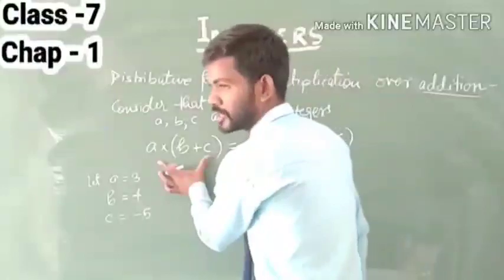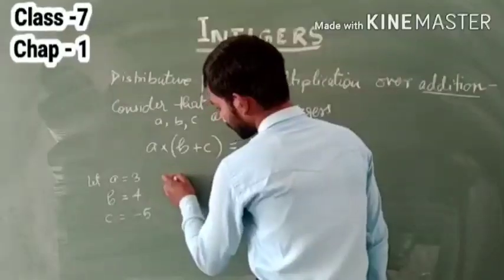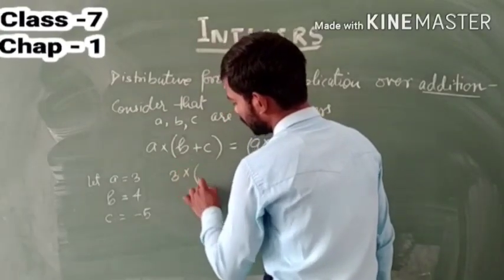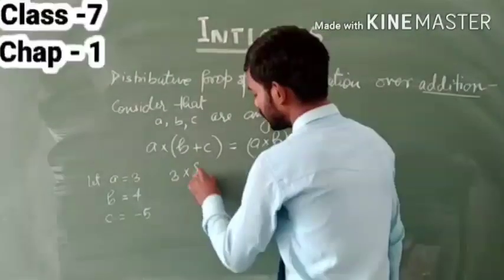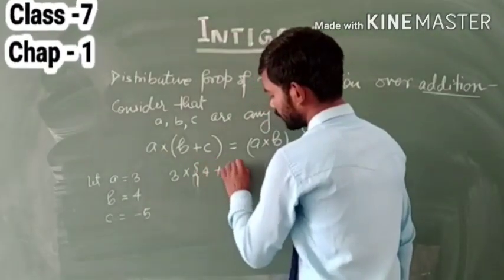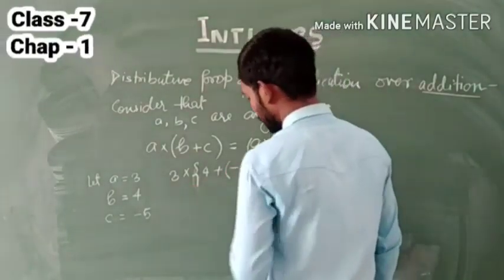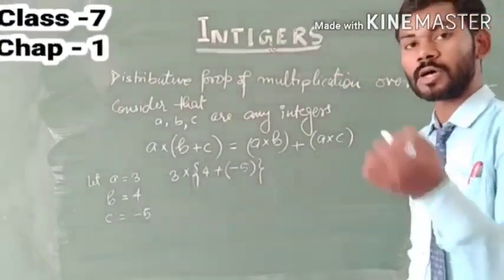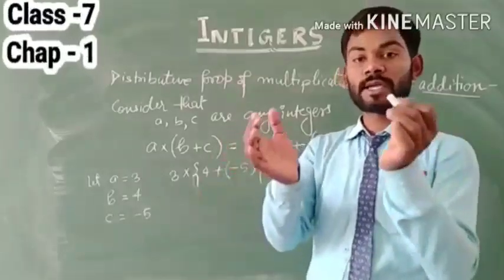Now from the left hand side of this statement, the value of A is 3, so we write 3 multiplied by the value of B, which is 4, plus minus 5. According to the BODMAS rule, first of all we shall solve inside the bracket.